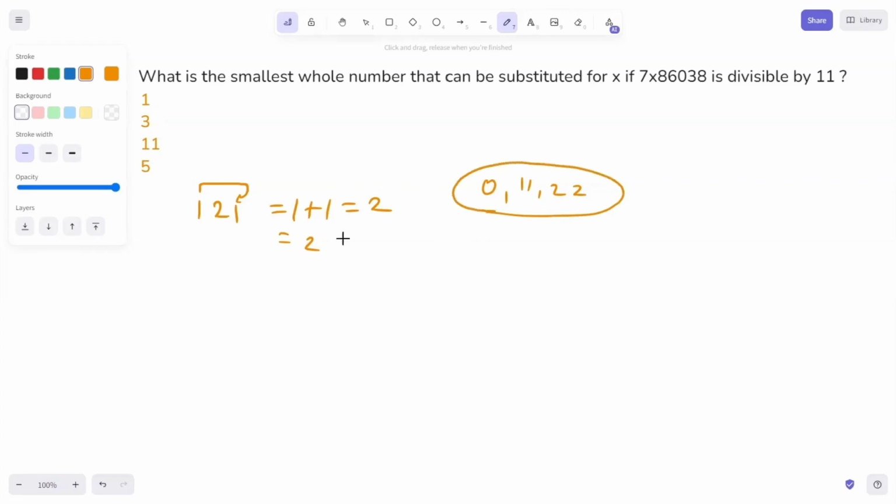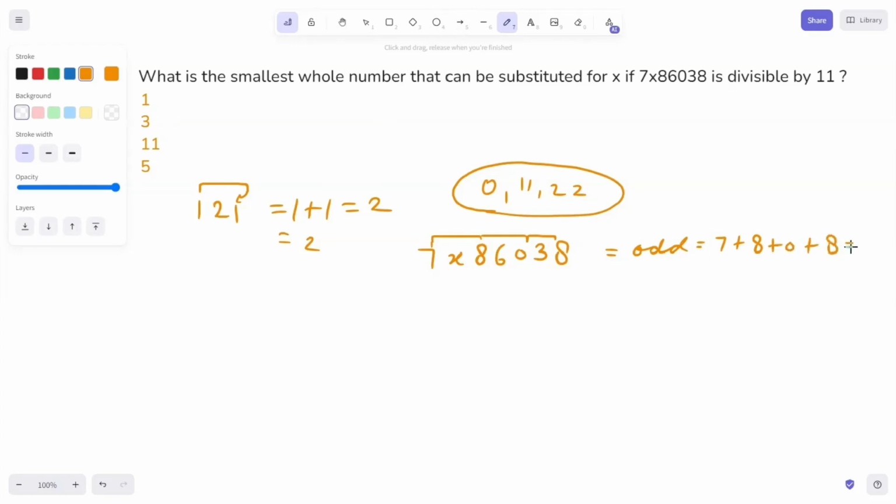So let's apply this concept to this number. Our number is 7x86038. Firstly, we will filter out the odd place digits: 7, 8, 3, 8. These are the odd place digits: 7 plus 8 plus 0 plus 8.